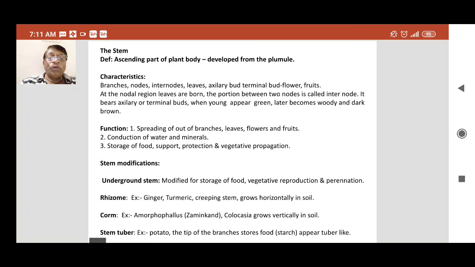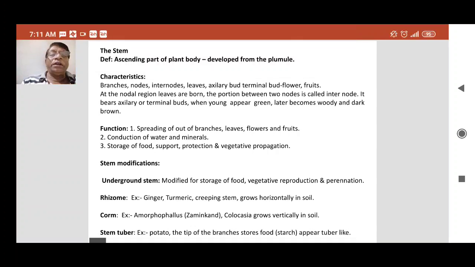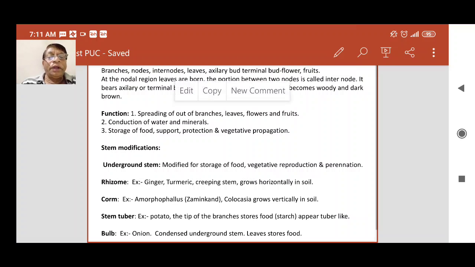Such a stem is called underground. Underground stem is modified to perform extra function other than the normal function. They may be studied under four headings.